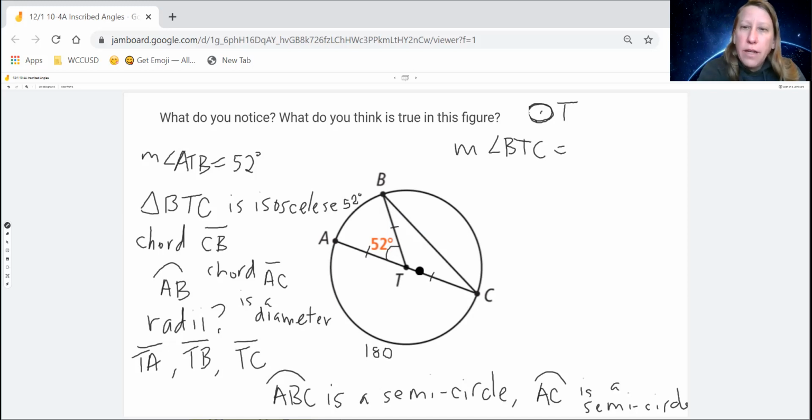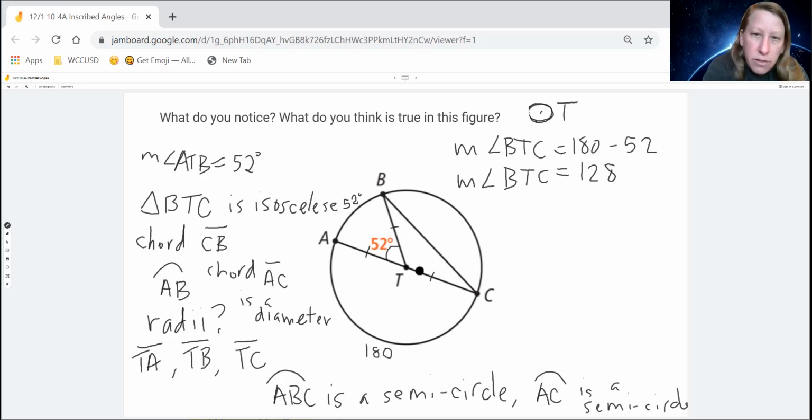So if I want to find it, I can do 180 minus 52. And what is that? That is 128. Measure of angle BTC is 128. Does that make sense to you guys? They're next to each other, so they have to add up to 180. That's cool. How about these angles? Can we find them?